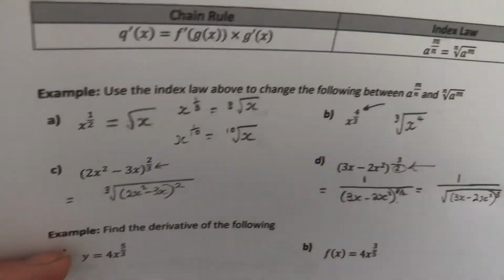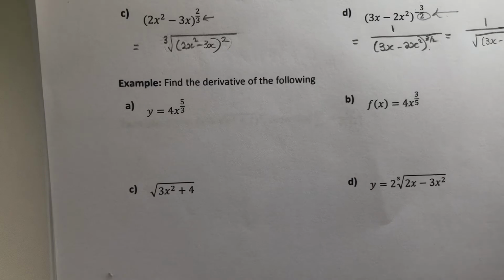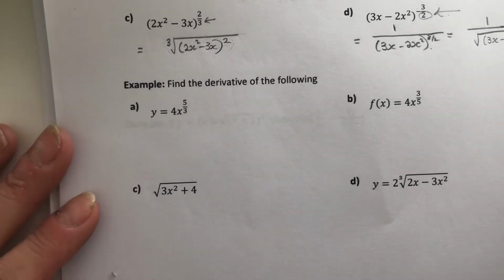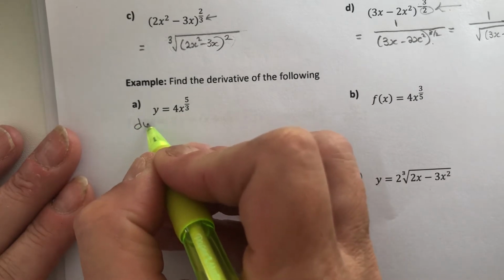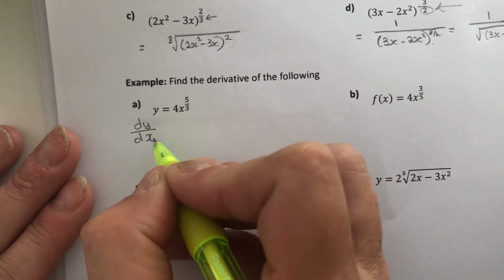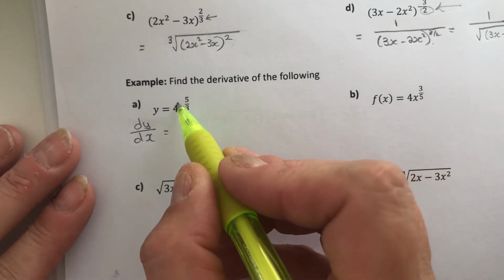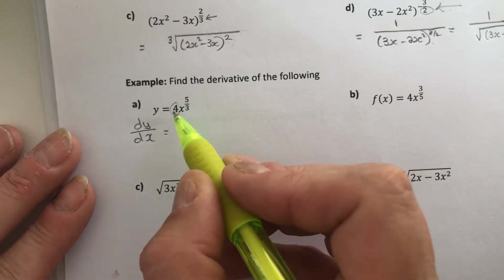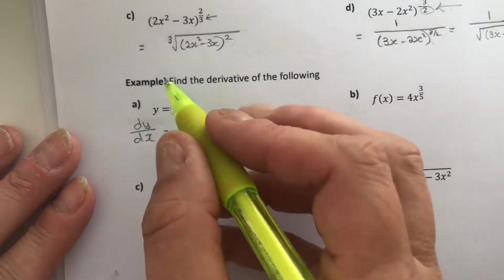All right, so now that we've recalled those, let's have a look how we can use them to find derivatives. So we have y equals, so we're going to have dy/dx equals, and from what we know, we multiply the constant term, the number in front of the pronumeral, with what's here.